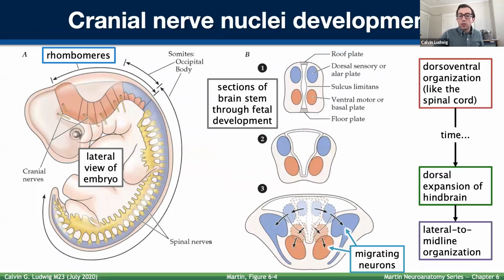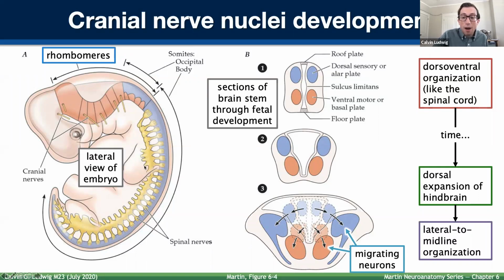Okay, so here we're taking a look at how cranial nerves develop, and then on the next couple slides, we'll see their organization into columns, distinct columns within the brainstem. So here on the left, the spinal cord in its development has a segmental organization, and this organization arises early on in development.